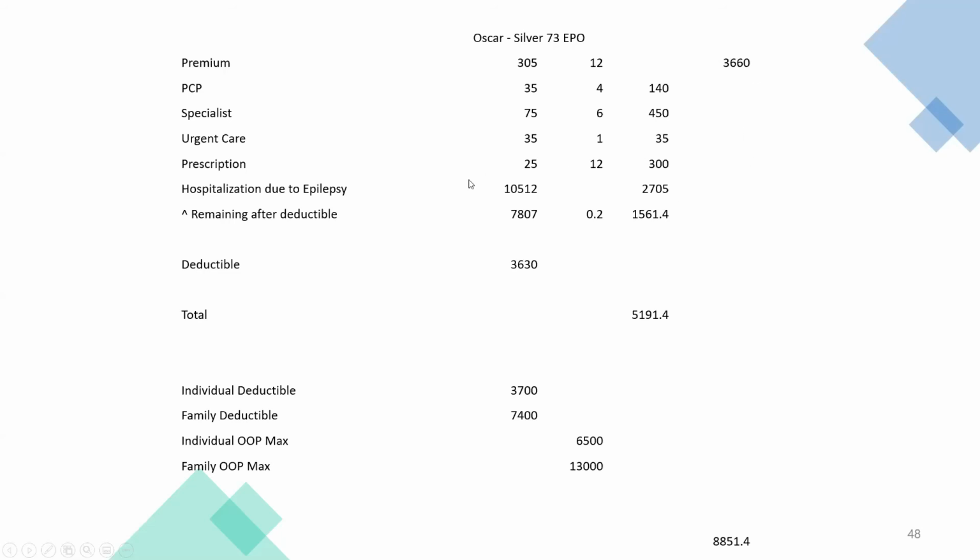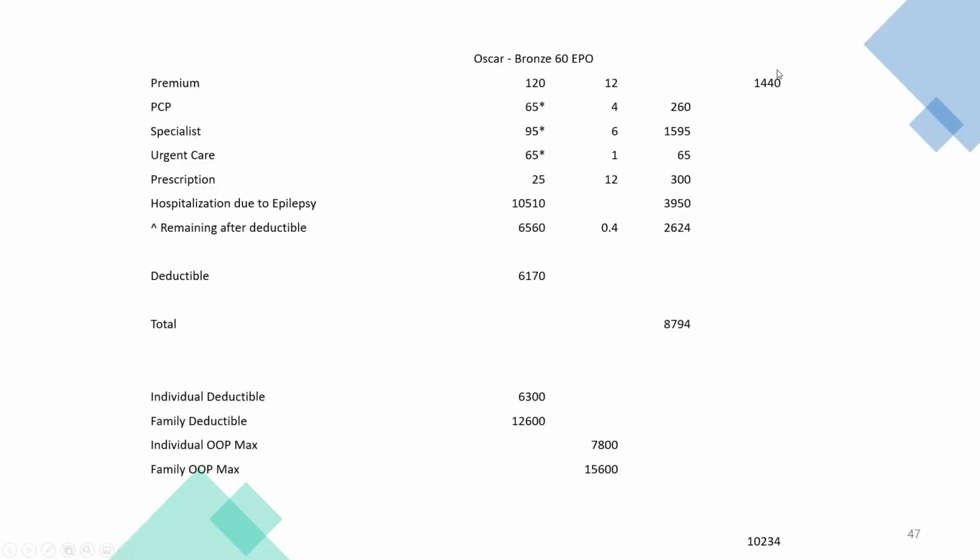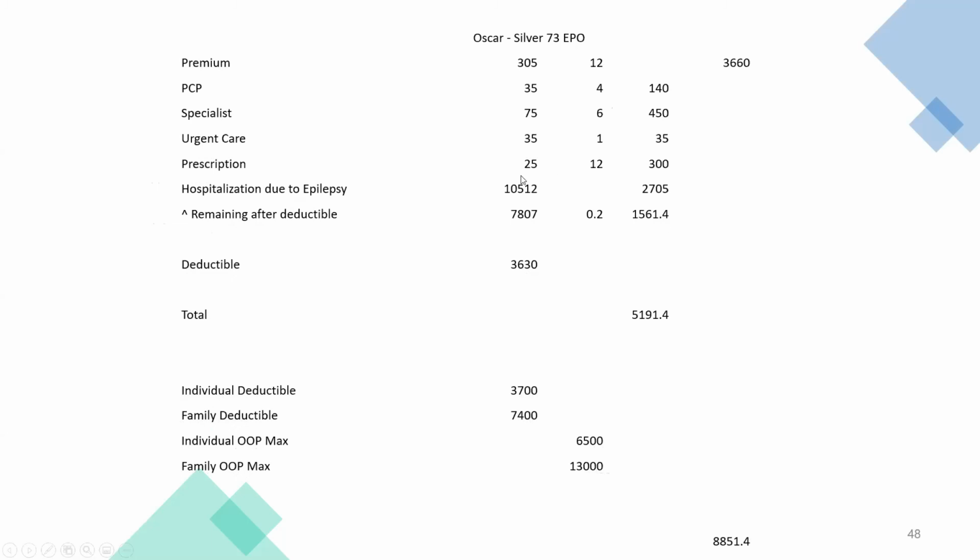Now, keep in mind, all of this reality is this could be much higher, this could be much less, depending on what happens, right? If there were 2 hospitalizations throughout the year, definitely the silver would be the better place to go, right? It really just depends on whether the guaranteed cost in the form of premium is worth the potential risk of actual usage, okay?